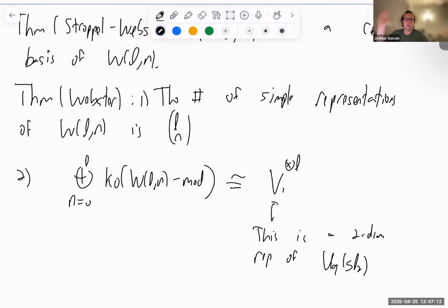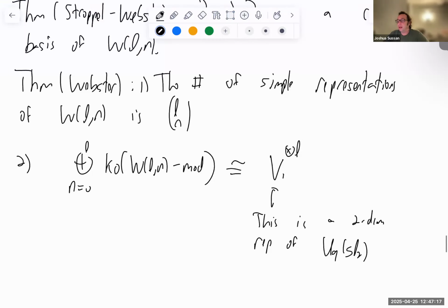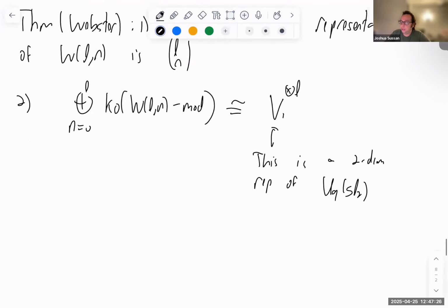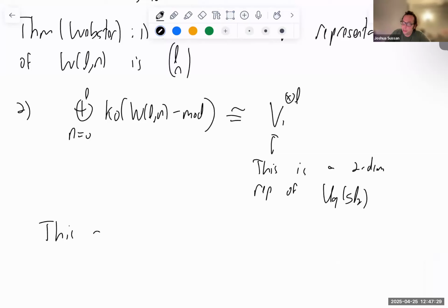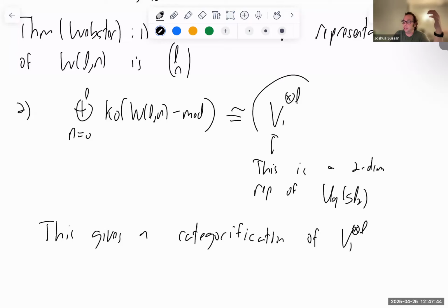V1 is the natural two-dimensional vector representation, and then we take the L-fold tensor product. So this turns out to be not just a vector space, but a representation of U_q(sl2). And so this gives a categorification of V1 tensor L. I have a bunch of categories whose Grothendieck group is this other representation theoretic structure.